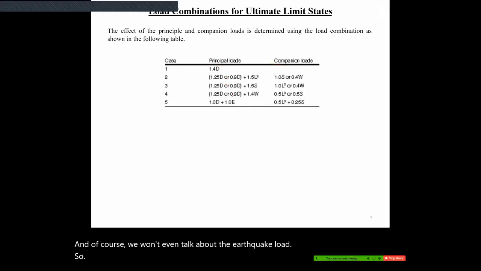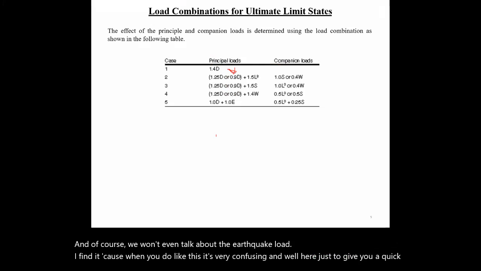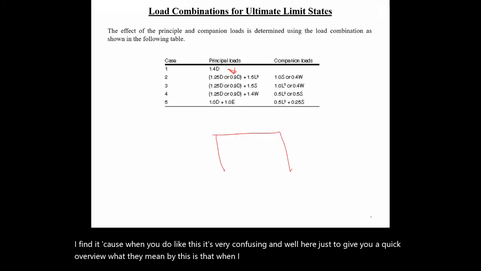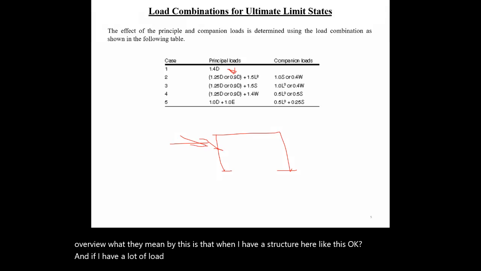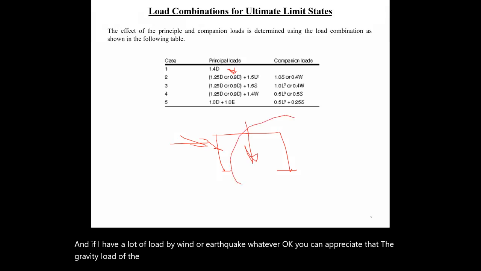I find it very confusing when they do it like this. Just to give you a quick overview, what they mean by this is that when I have a structure like this, and I have a lateral load by wind or earthquake, whatever, you can appreciate that the gravity load of the building helps to resist the overturning moment caused by the lateral load.